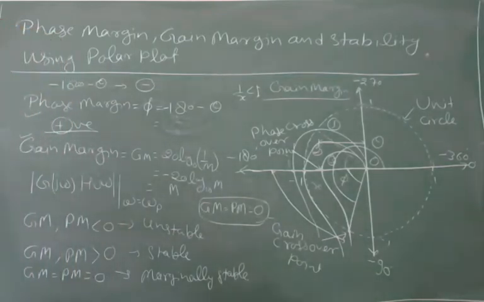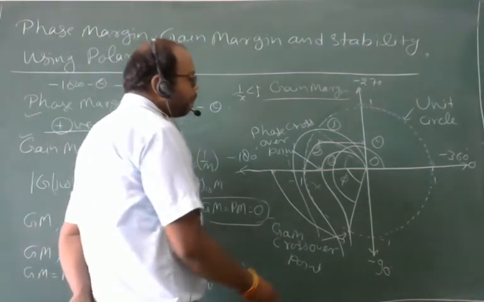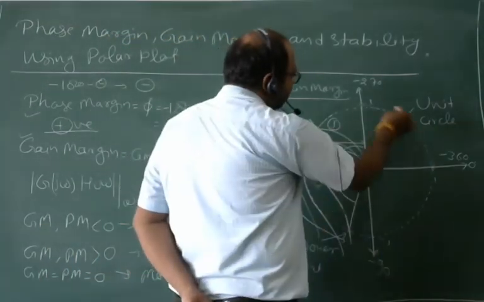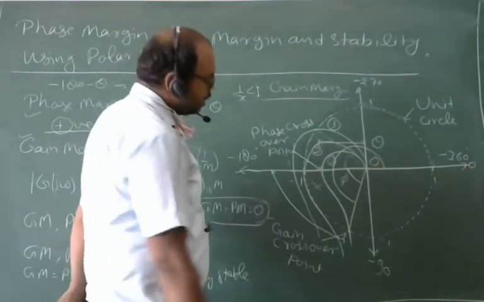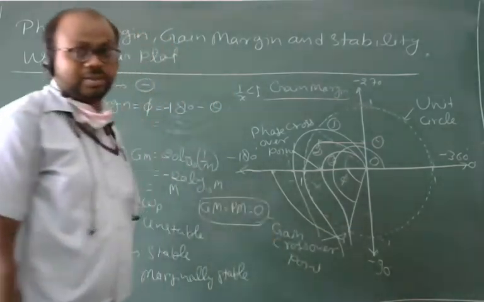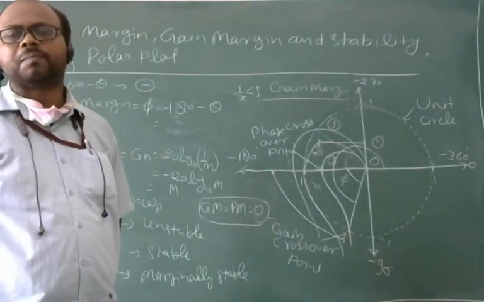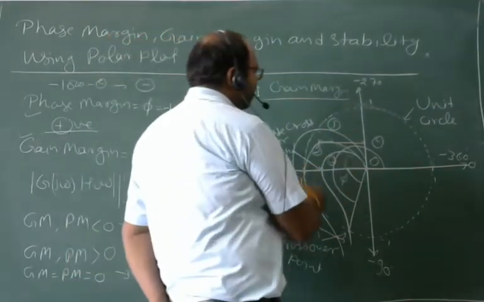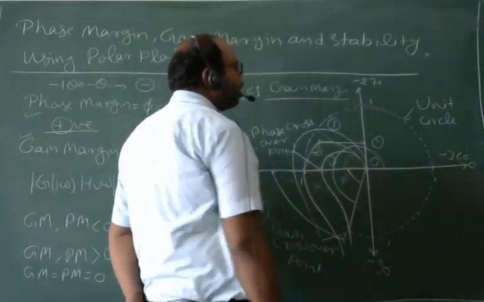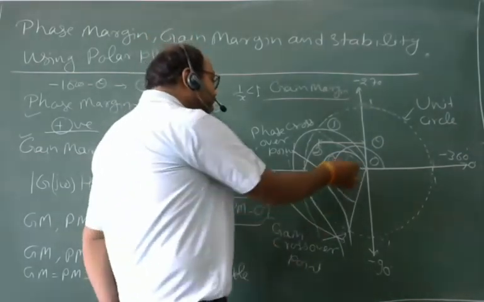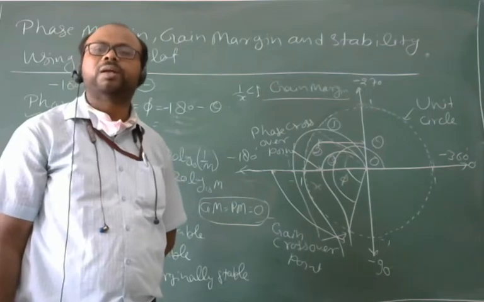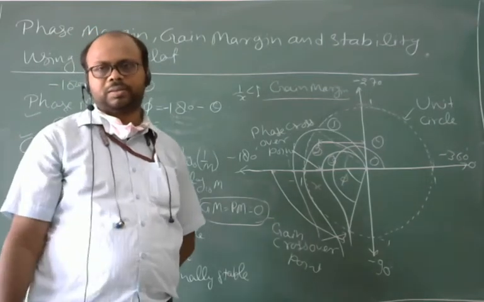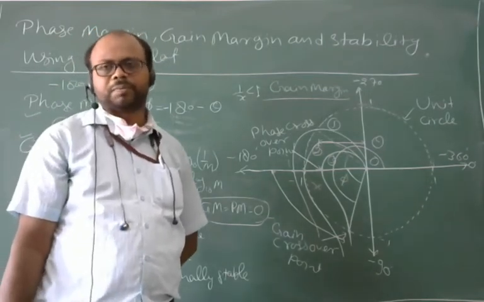System is stable. Or in other words, we can say that when this unit circle crosses the polar plot in the third quadrant, the system will always be stable. When this unit circle crosses this polar plot on this minus 180-degree line, the system will be marginally stable.